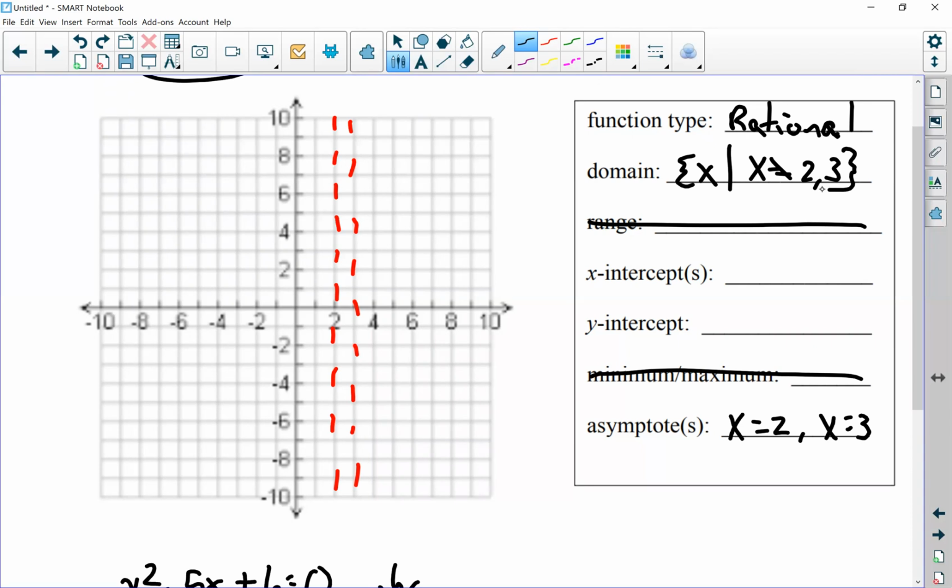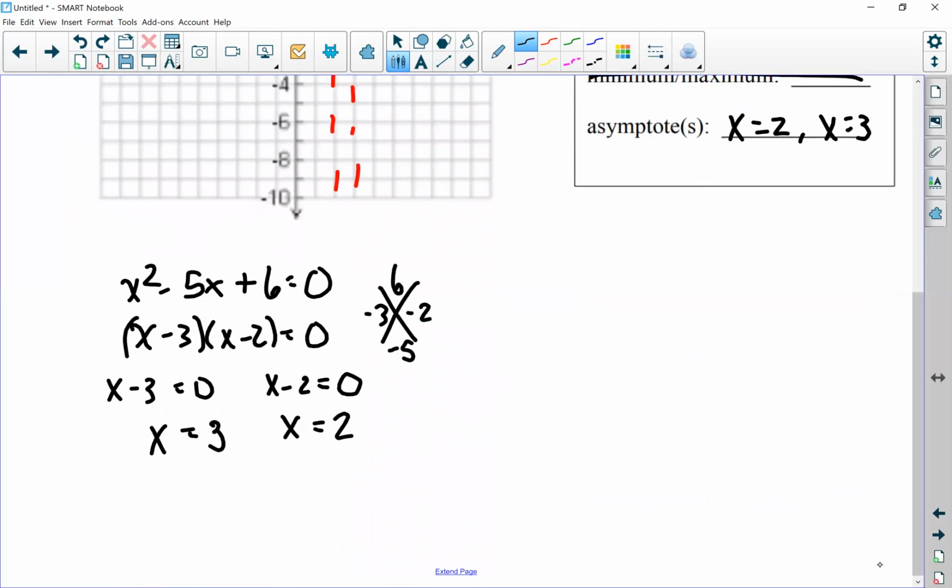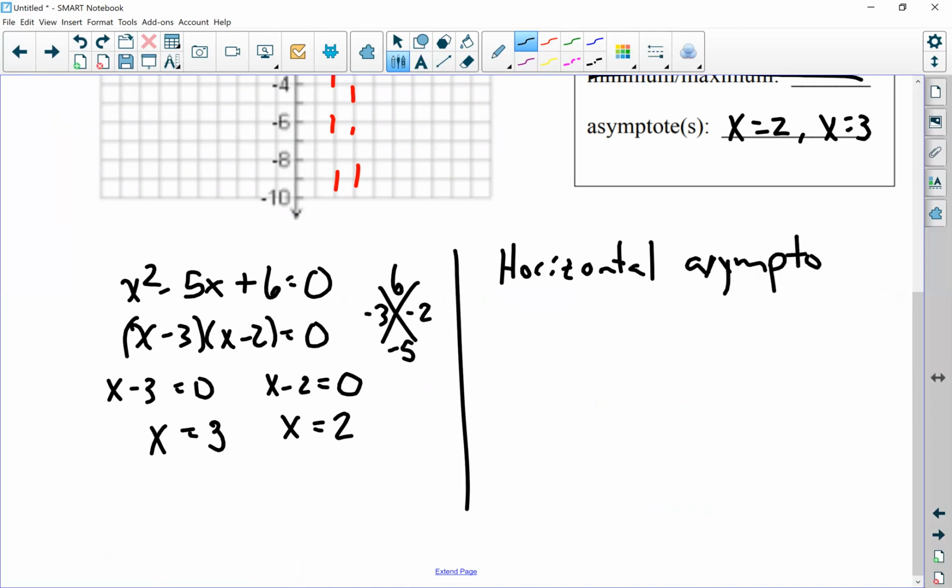We could also have a horizontal asymptote. And for that, what we do is we look at the largest power of x in the numerator and the denominator. And then we reduce.